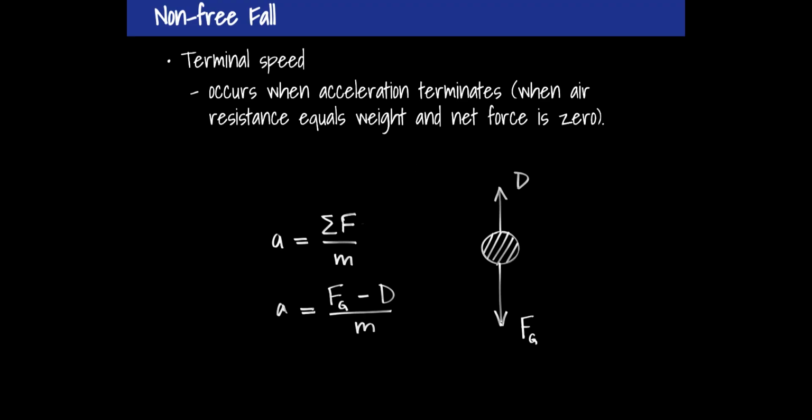So I have a big arrow that says mg, the weight that causes it to accelerate downward. But the air through which it falls exerts a resistive force known as the drag. So I'm just going to call it D. D is a force, the drag force.